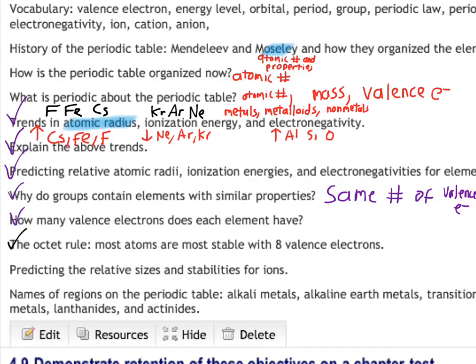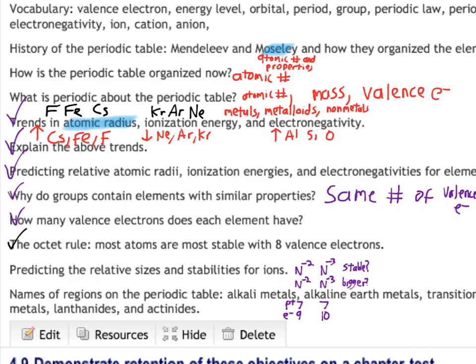Predicting relative sizes and stabilities for ions, there's 2 things we need to look at, electrons and protons. For example, N-2 and N-3, which is most stable, and which is a bigger ion. So again, we're going to look at both numbers of electrons and protons. They both have 7 protons because they're both nitrogen.